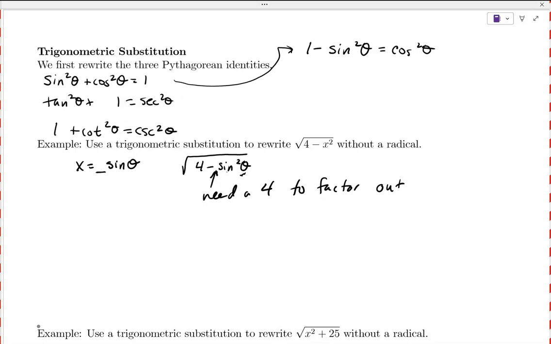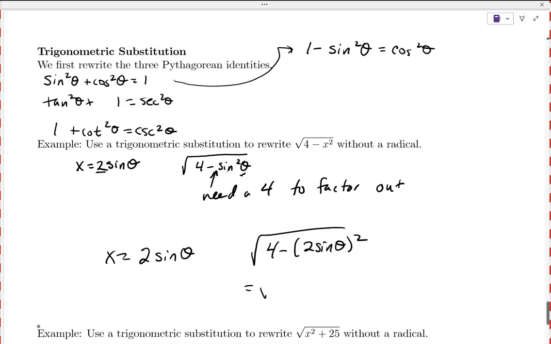A 2, yeah. So instead, let's make this a 2. So if we have x equals 2 sine theta, then we get, I'll write it out longhand to start with, 2 sine theta, the whole thing squared. That gives us 4 minus 4 sine squared theta.